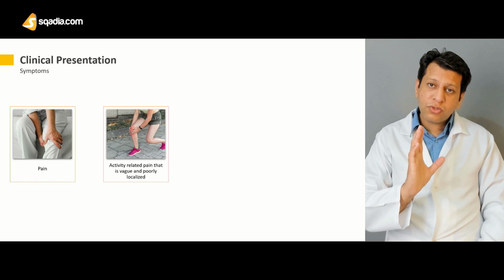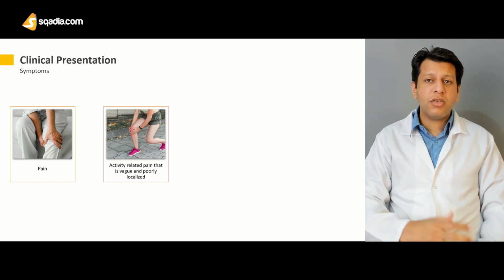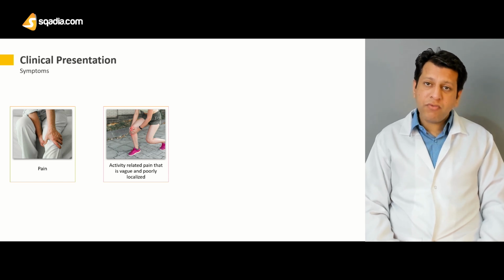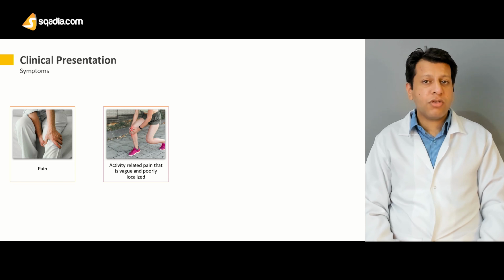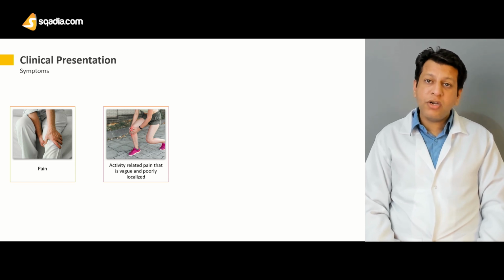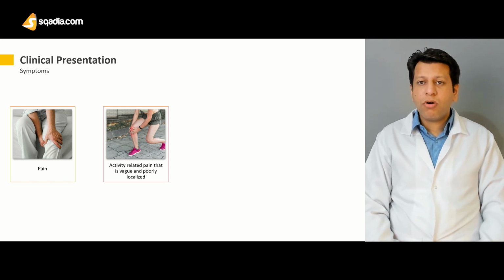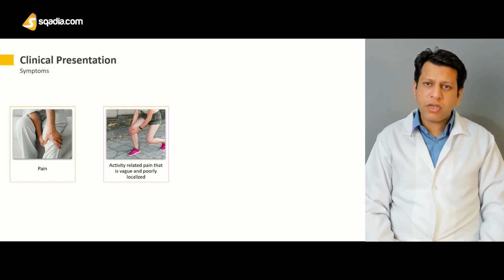Sometimes it can be localized, but most of the time it's not localized, and they complain of a generalized kind of knee pain which is vague, dull aching, and goes away without really doing a lot of things. That is why it gets prolonged, because it's not severe enough to warrant going straight to a doctor.